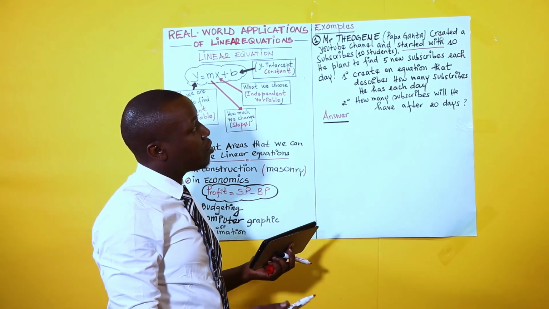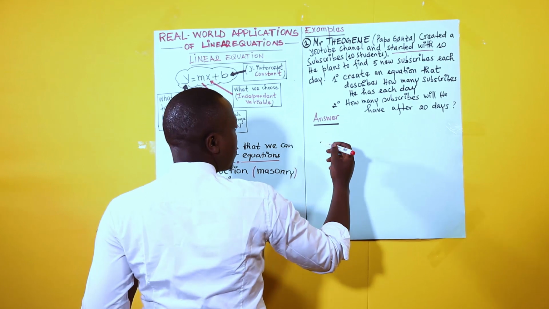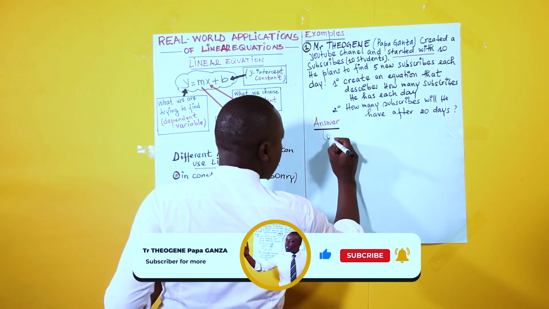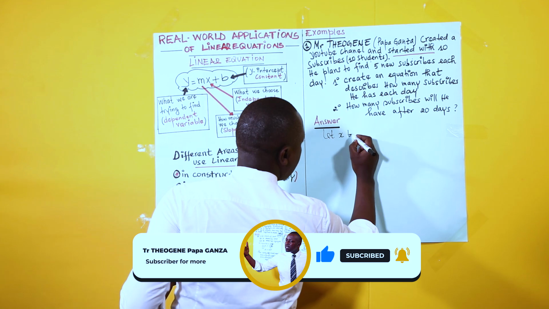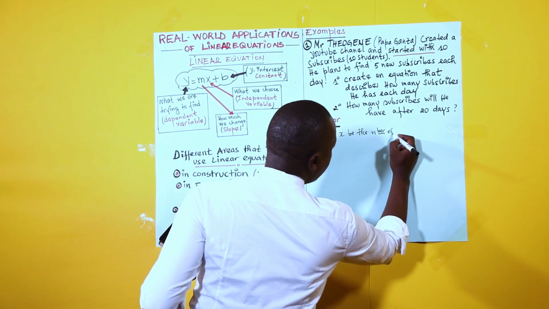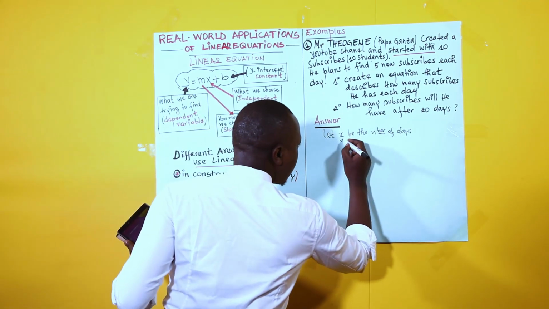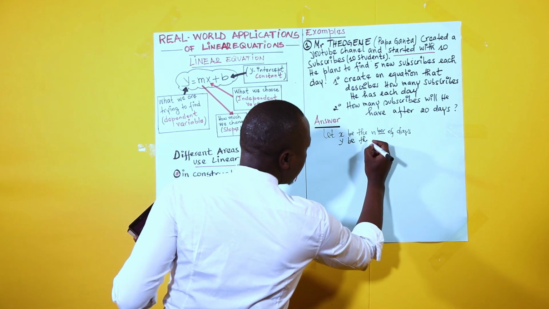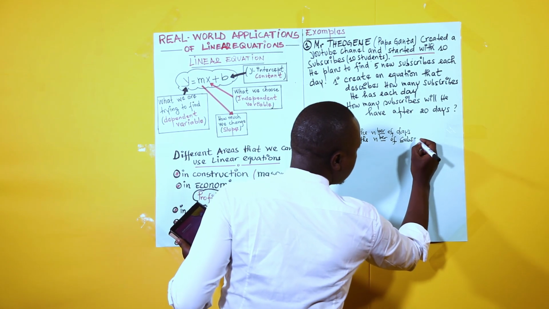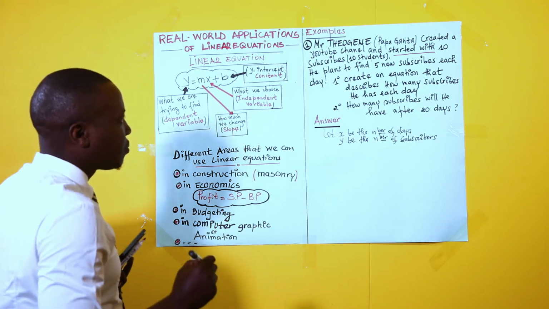What we are looking for is subscribers. So let x be the number of days, and y will be the number of subscribers, right?